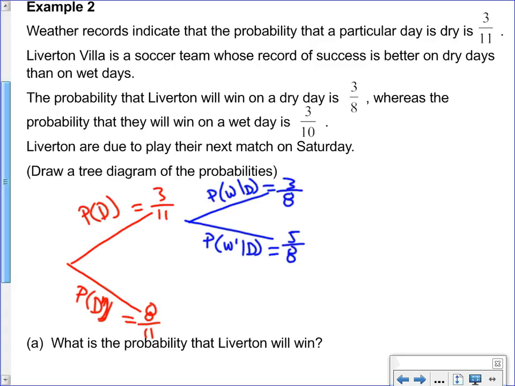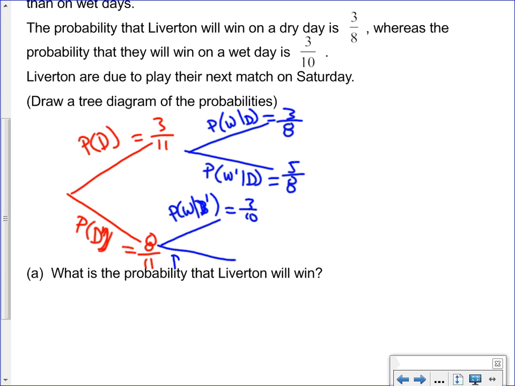For the second branch, again, they'll either win or they won't win. The probability that they'll win, given that it's not dry, which is a wet day, is 3 out of 10. And the probability that they won't win, given that it's not dry, is 7 out of 10.